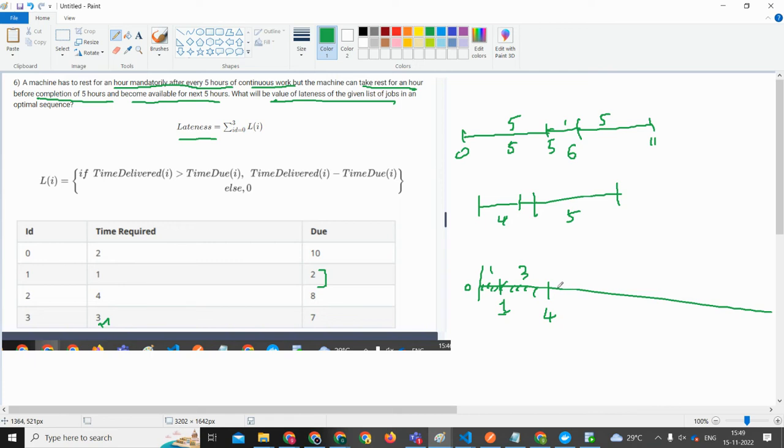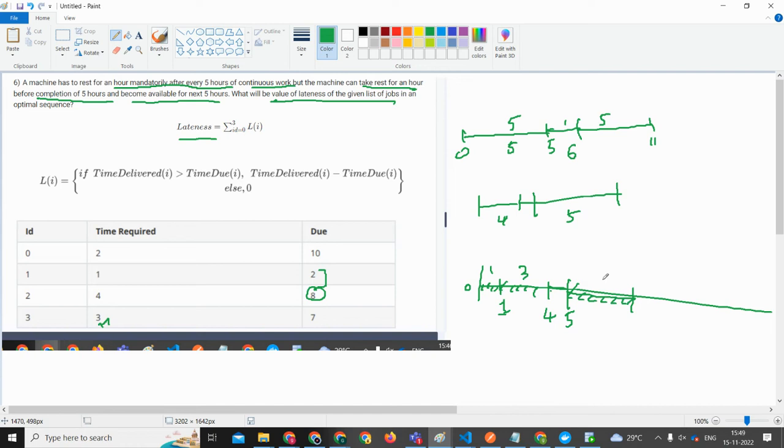So we take 1 hour of rest, which will be 5. After the 5th hour, you will start doing the work which ideally should be the one with the lowest deadline, which is 8, and we come here, right?